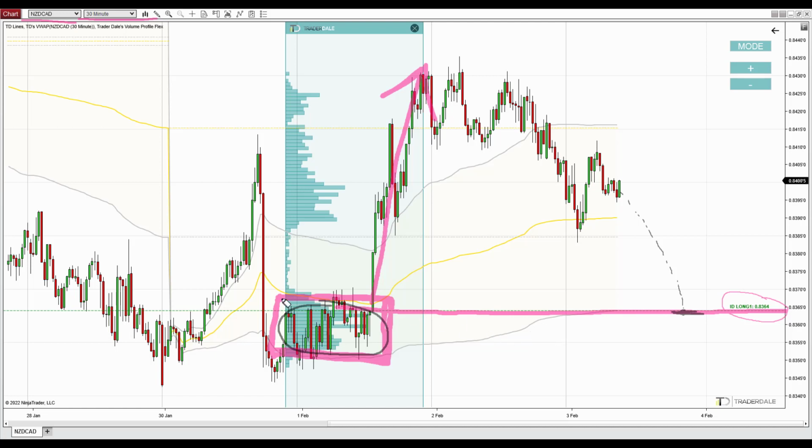They placed all of their longs there, right? So they'll defend it and they'll try and push the price upwards from there again, right?